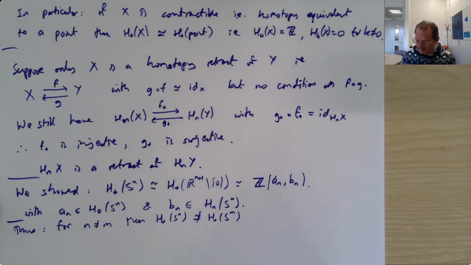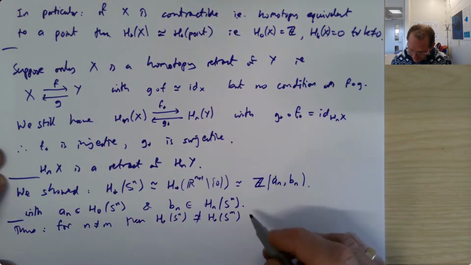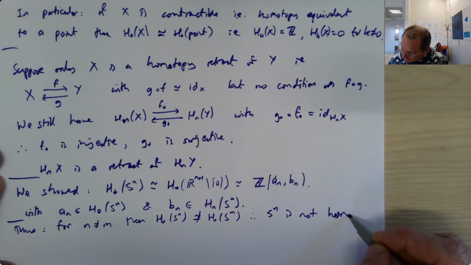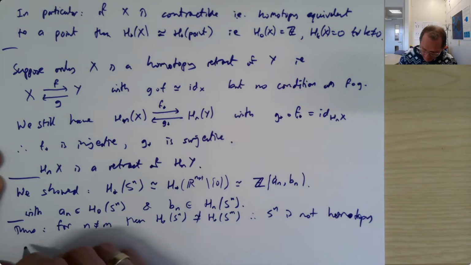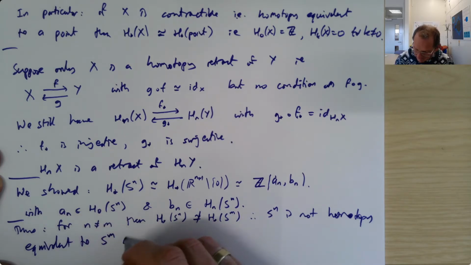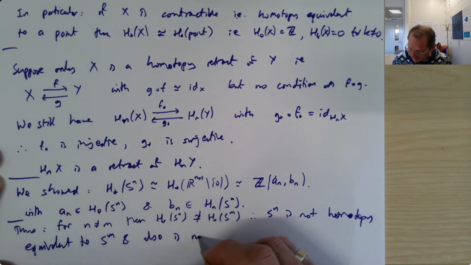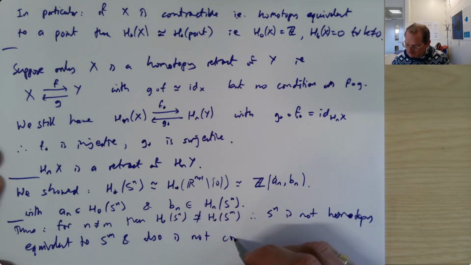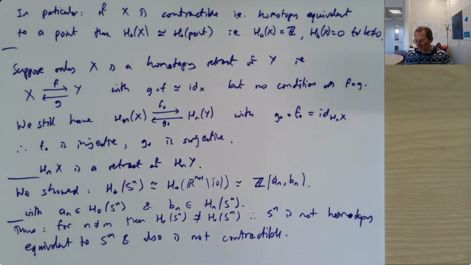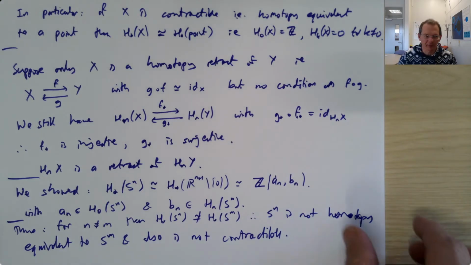So as graded things, they're different, and so S^n is not homotopy equivalent to S^m, and also, of course, it's not contractible. If it was contractible, you'd only have one Z, but in fact, we've got 2. So no spheres are contractible, and spheres of different dimensions are never homotopy equivalent.